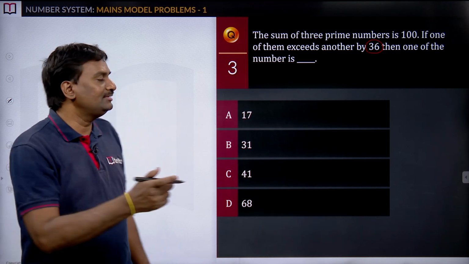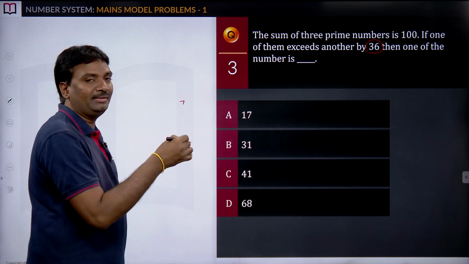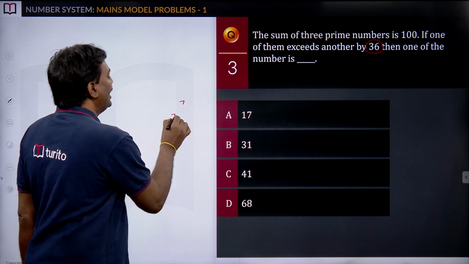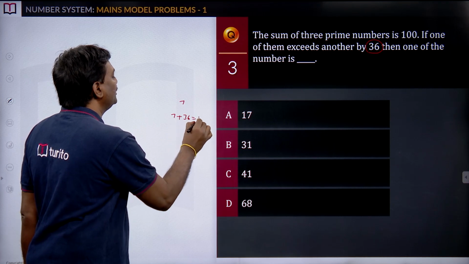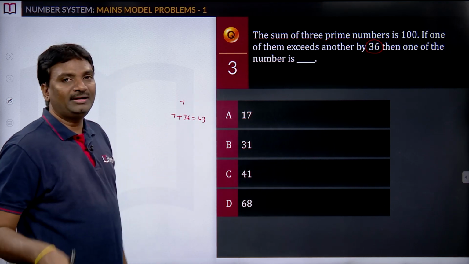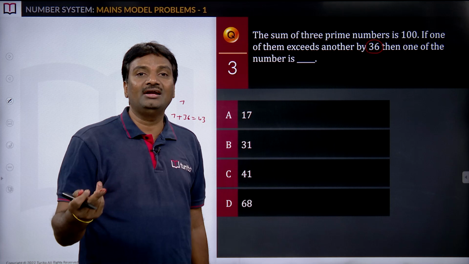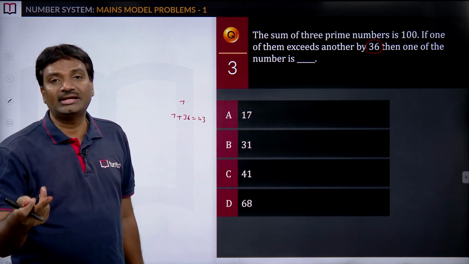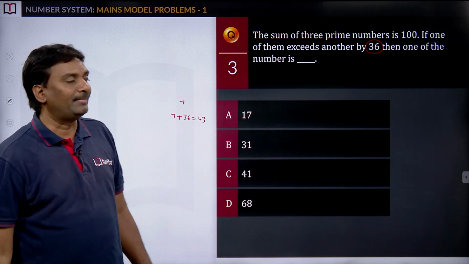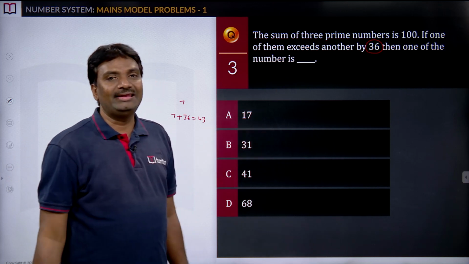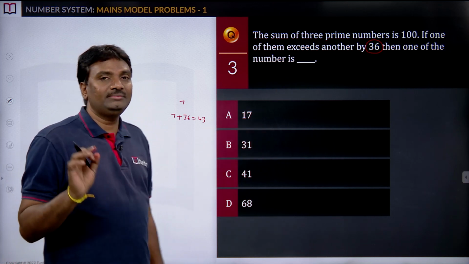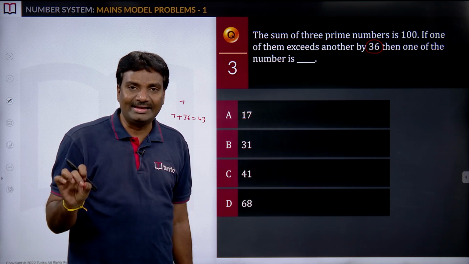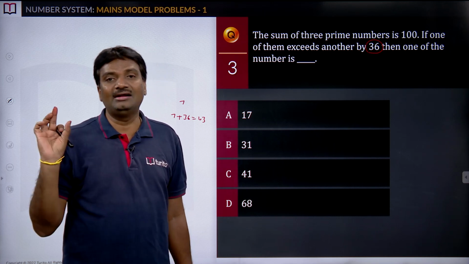For example, if you take 7 as the first prime number, the second prime number can be taken as 7 plus 36 equal to 43. But if you take the first prime number as 2, the second one will be 36 plus 2, 38, but that is not a prime number. And the third one you can take as any one. So, here I am supposing the 3 prime numbers are x, x plus 36 and y.